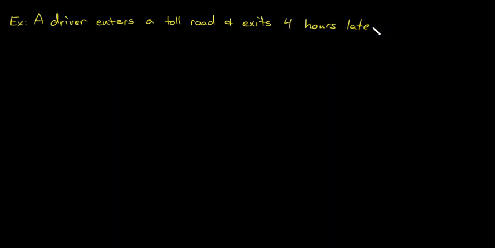All right, we have a little sentence to write. Example. A truck driver, I'm just going to say driver because that's faster. A driver enters a toll road and exits 4 hours later. Okay, they traveled 300 miles.